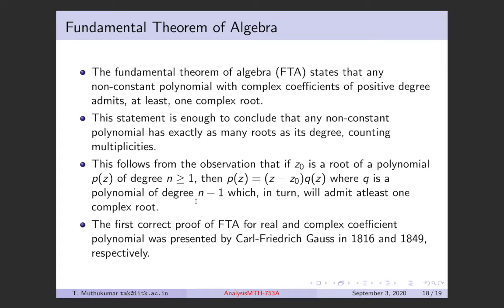So the proof of the fundamental theorem of algebra was first given by Gauss. I mean, the first correct proof was given by Gauss for both real and complex coefficients and so on. Today we are going to look at a very simple, very short proof. I think it's the shortest proof that I know of the fundamental theorem of algebra, which is nice.